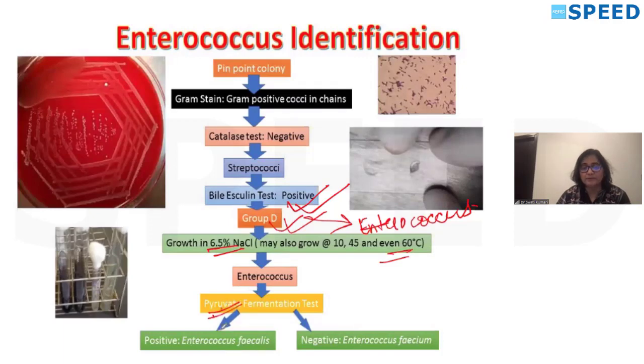If they ferment pyruvate, they are Enterococcus faecalis. If they don't, they are faecium. Bile esculin positive is their very important feature. In this picture you can see bile esculin positive, and they can grow in 6.5% sodium chloride. If they ferment pyruvate, they are faecalis. If they don't ferment pyruvate, they will be faecium.